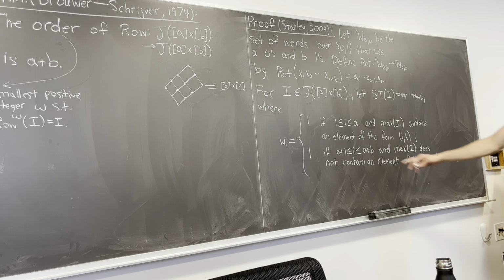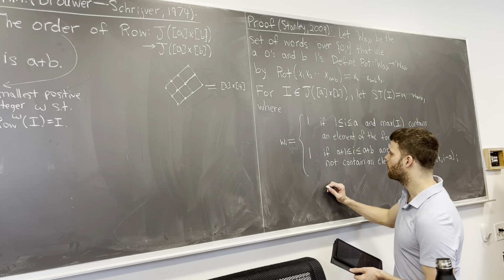Now I'm saying i is between A plus 1 and A plus B, and the set of maximal elements does not contain an ordered pair that ends with i minus A. And notice that i minus A should be something between 1 and B, so this kind of makes sense. And then it's 0 otherwise.